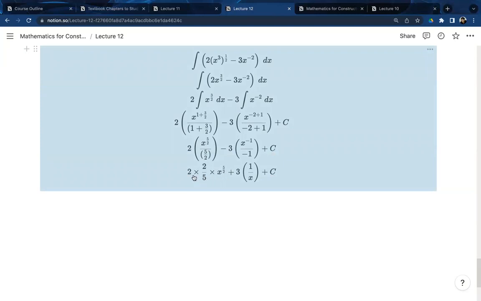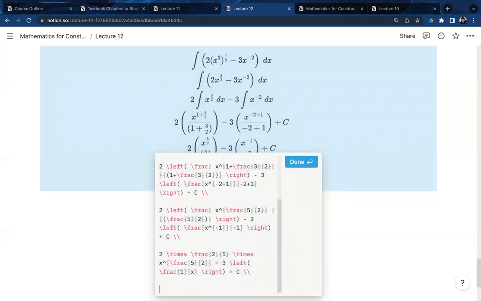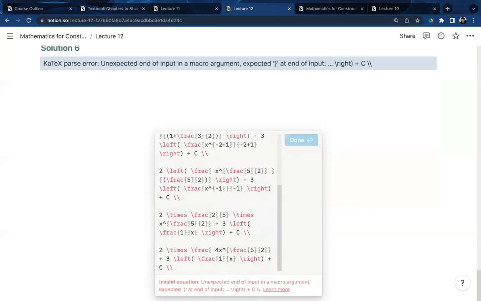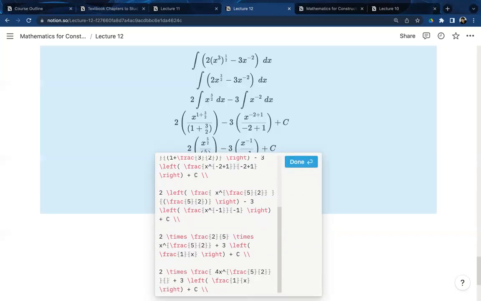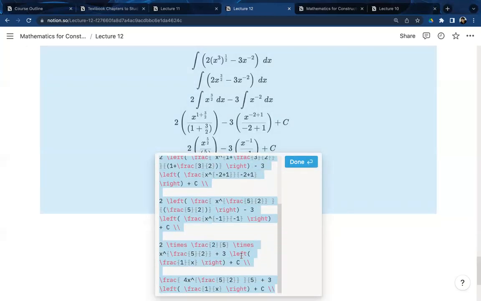So this is 4x to the power 5 over 2 divided by 5, and that's 3 by a third. Just take out this 3 here.